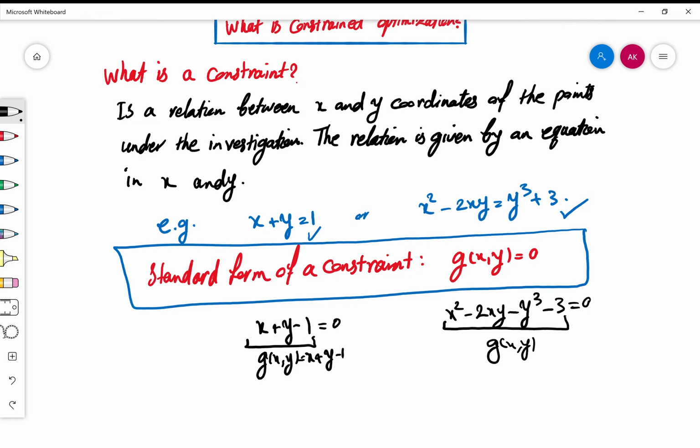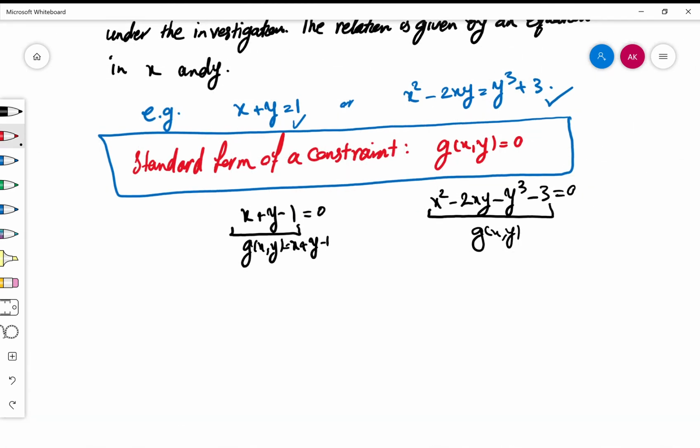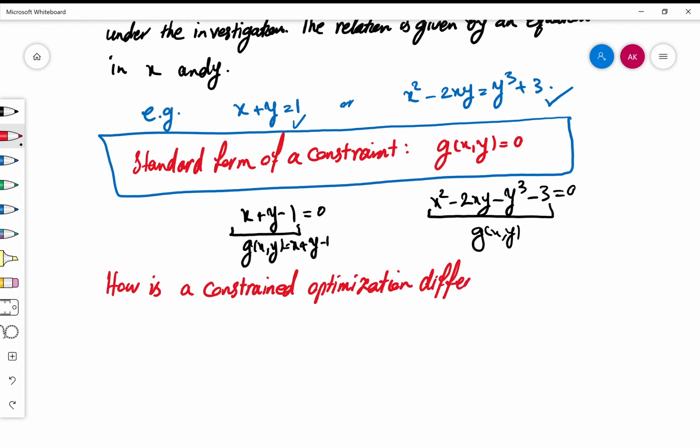But there's one more thing that I want to add to this video, and it is how is constraint optimization different.